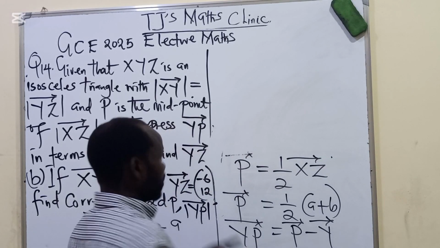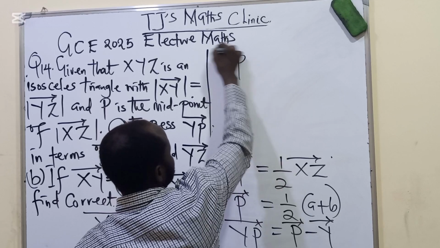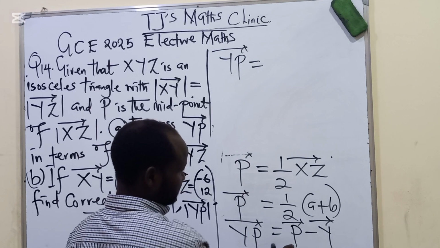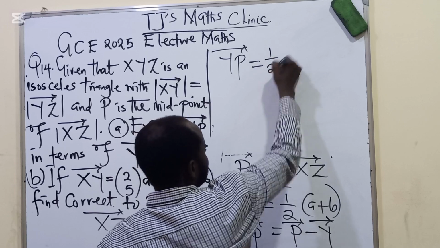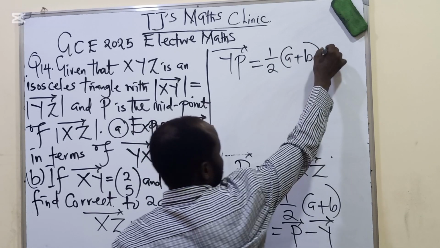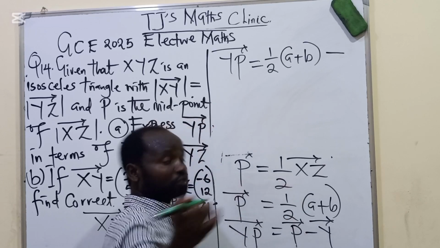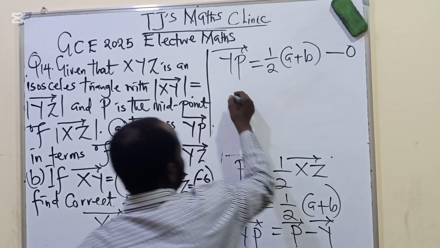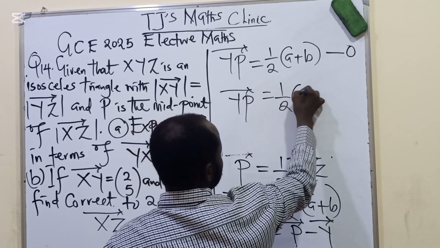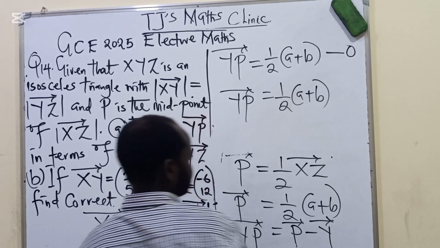So vector yp will be equal to p, which is half of a plus b, minus vector y, which is the origin, 0. So yp now will be half of vector a plus b.